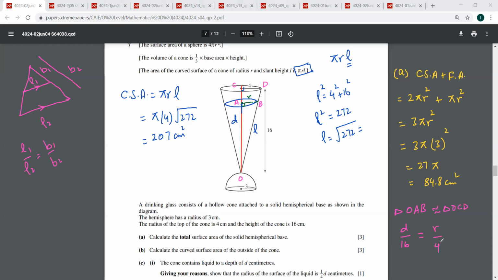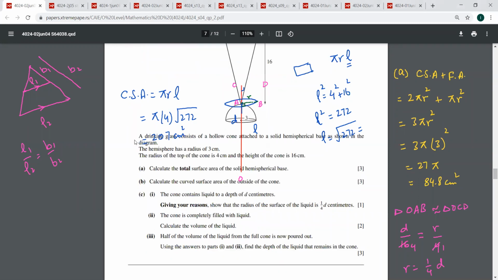So this is cancelled by this, and we have shown that r is going to be quarter of d. Since it's an exam question, you will see how one concept is being mixed with another concept. So this was a part on similarity, basically similar triangles.